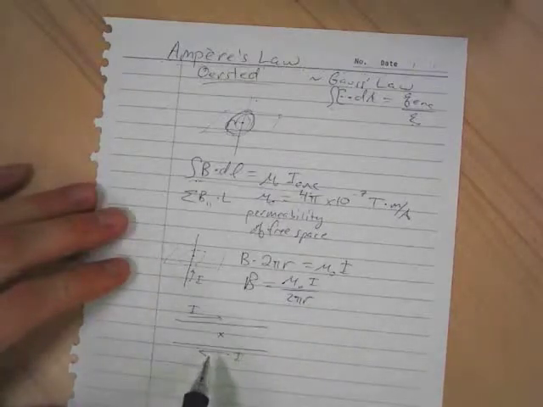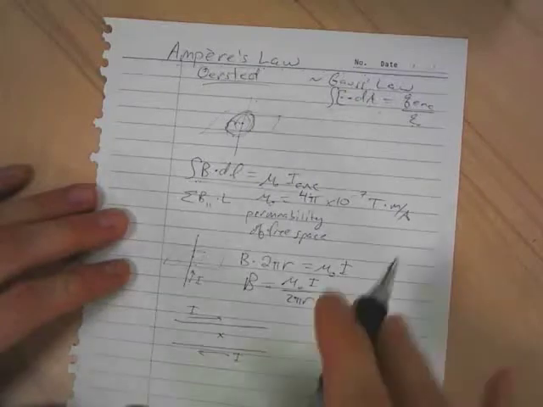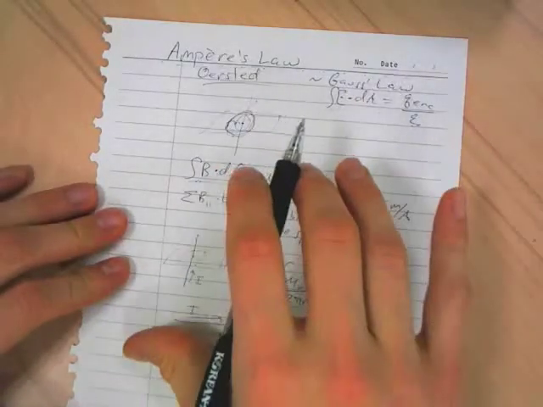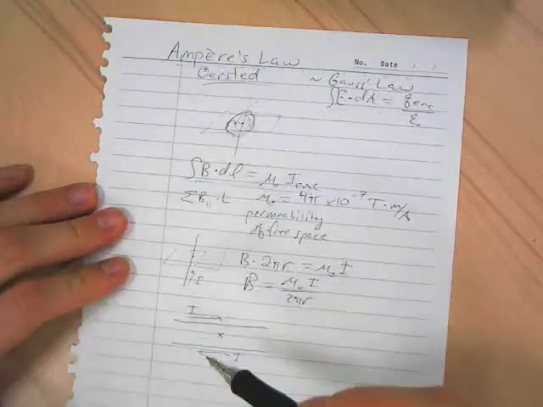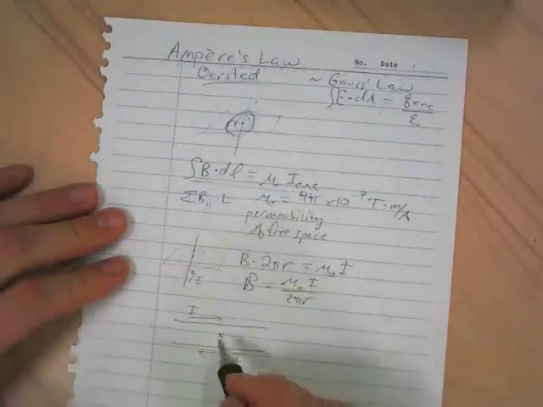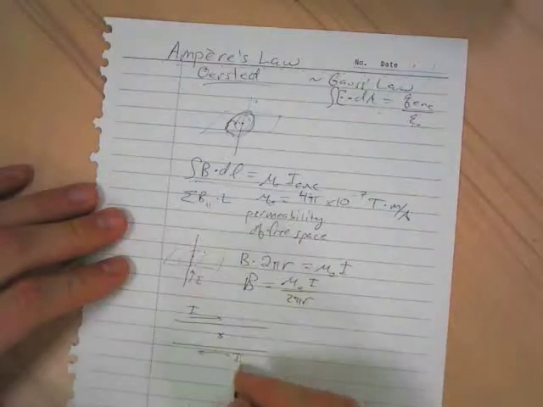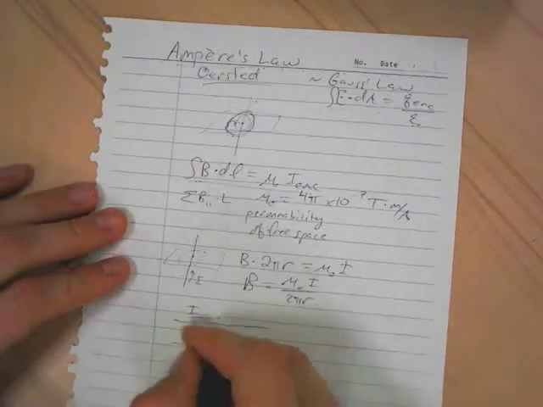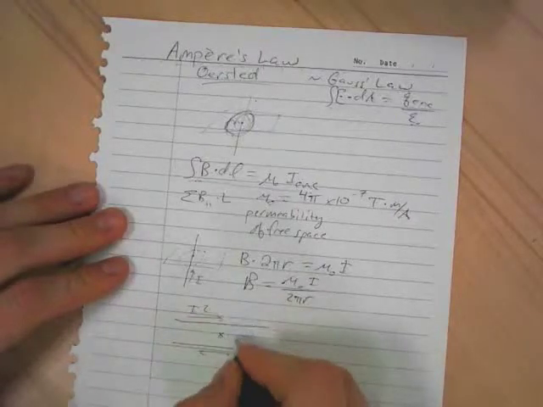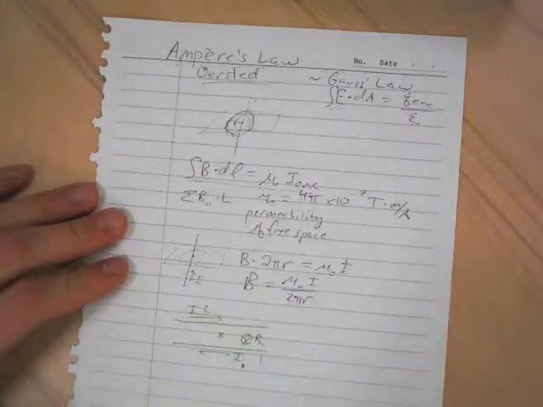So let's consider the right-hand rule. At that point, our current is going to the left here. The B field would be curling around this way, which means that at this point right here, I'll call this wire 1, wire 2. And so I'll say the B field from 1 is pointing into the page.